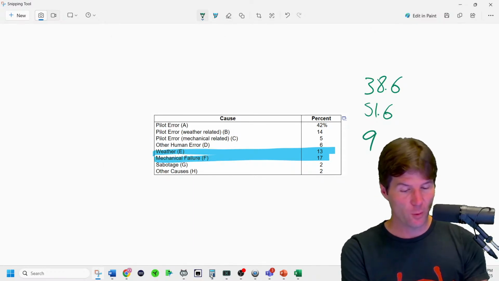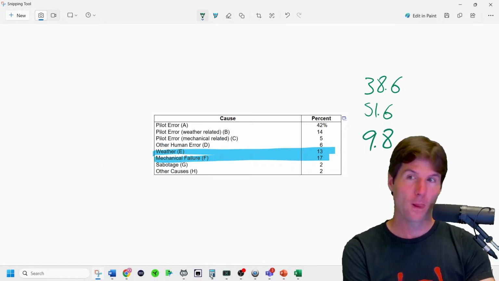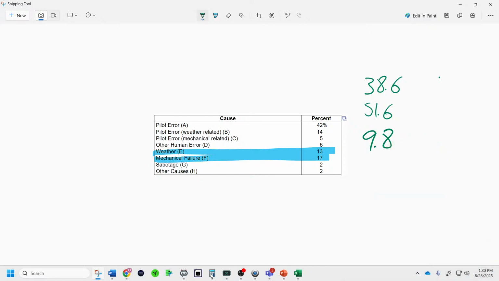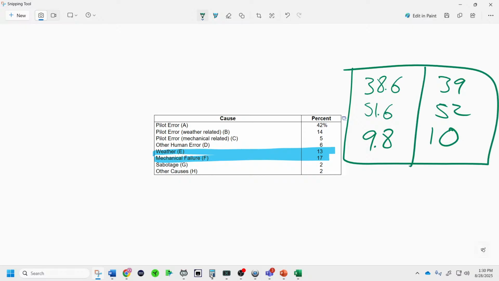So what happens if you round these numbers to one decimal? You get the following. You get 39, and you get 52, and you get a 10. What do these numbers add up to right here? Well, on the left, you get 100 on the dot. On the right, you get 101.